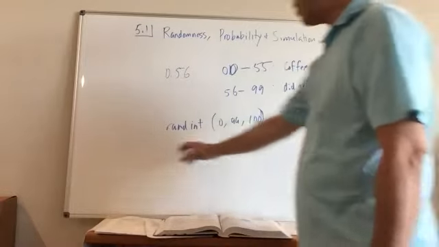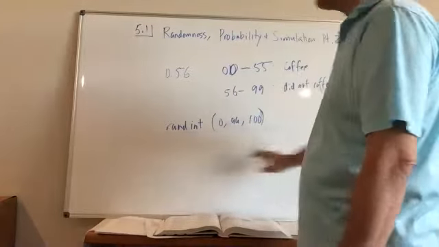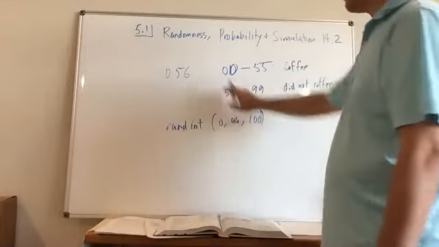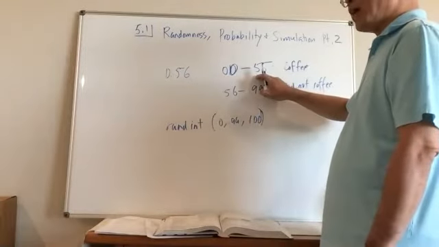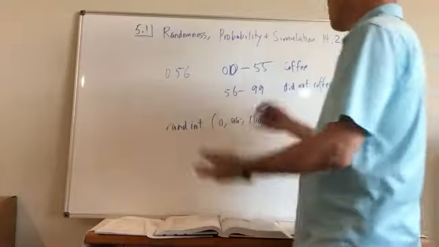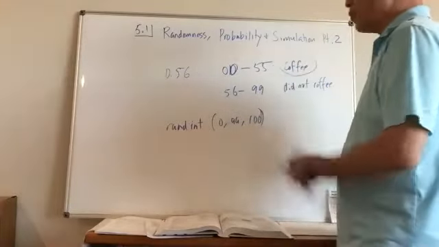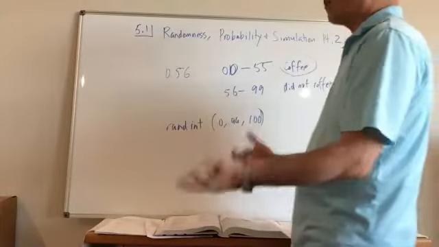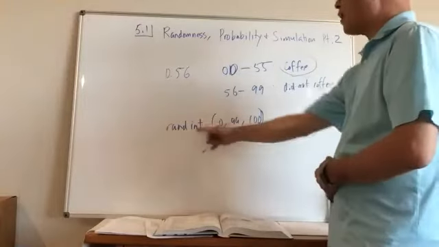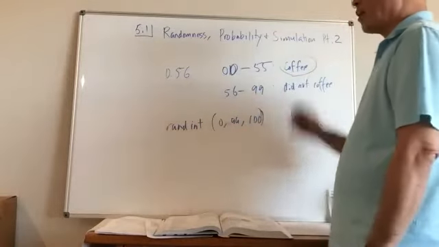Out of the 100 numbers, you would start counting how many of those numbers are between 00 and 55. You would count those as the coffee drinkers, and you could find out what percent of people in that random draw drank coffee.